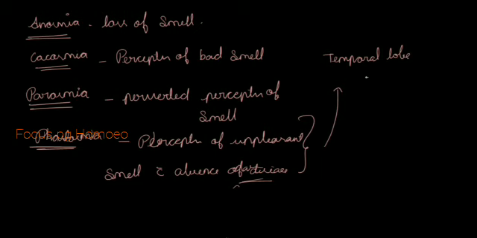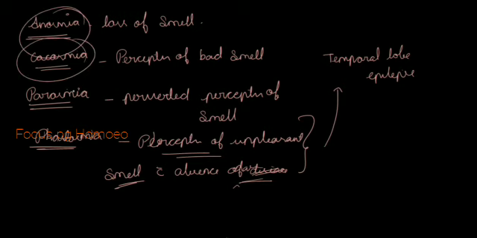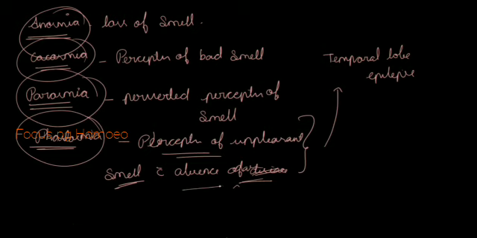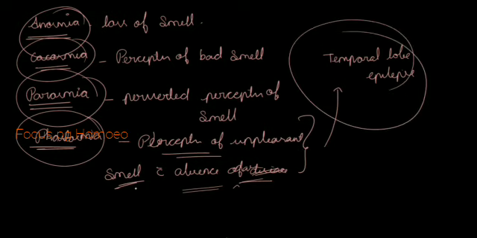So patients suffering from temporal lobe epilepsy, there won't be any diseases associated with nose or sinus, but they will be having the perception of unpleasant smell. So anosmia is loss of smell, cacosmia is perception of bad smell, parosmia is perverted perception of smell, and phantasmia is perception of unpleasant smell with absence of diseases in nose and sinuses, and it is mainly seen in temporal lobe epilepsy.